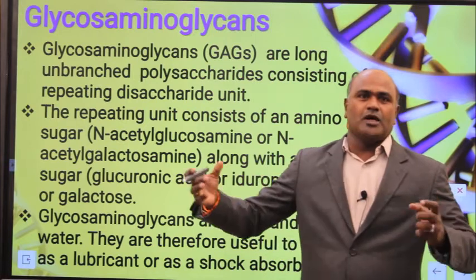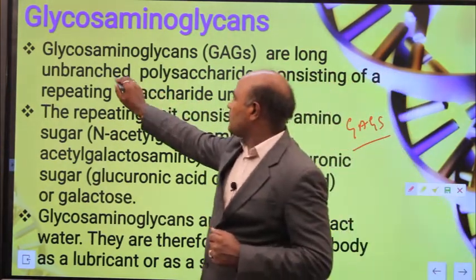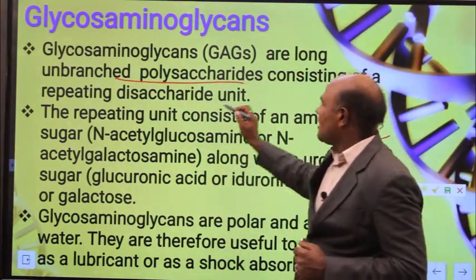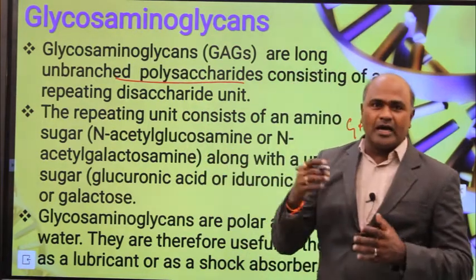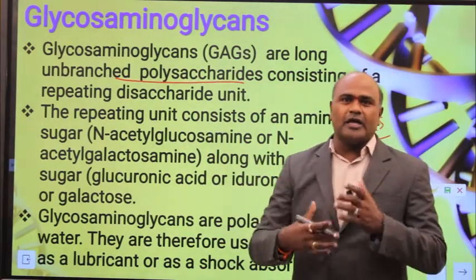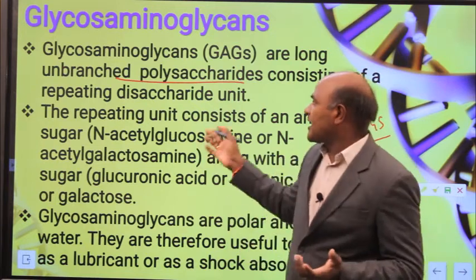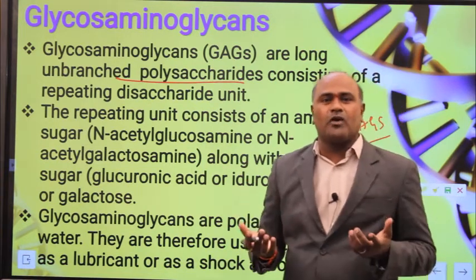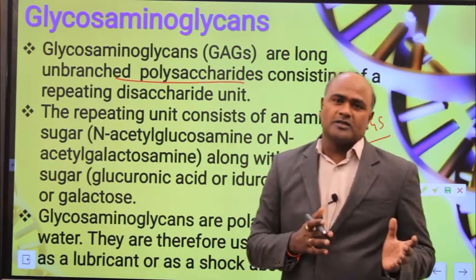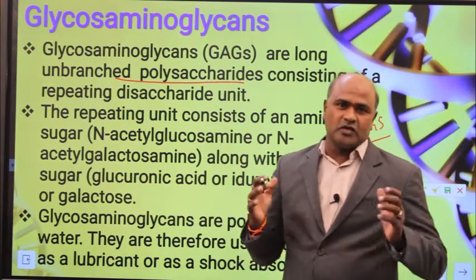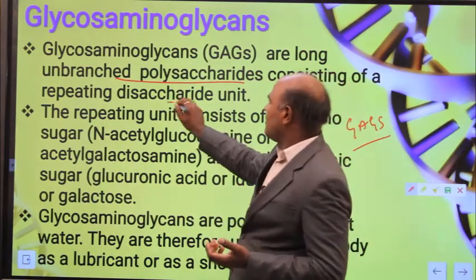They are very big, consisting of repeating sugar units. How does a disaccharide form? A disaccharide forms between two sugar molecules through a condensation process.